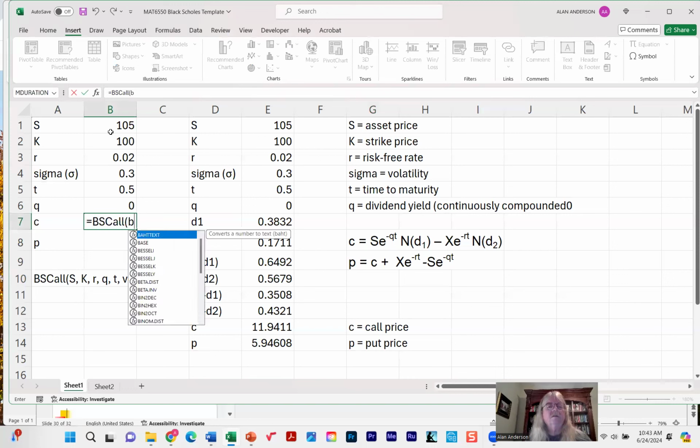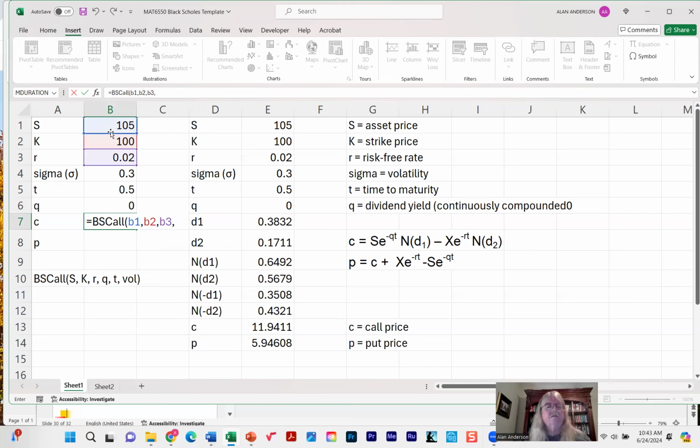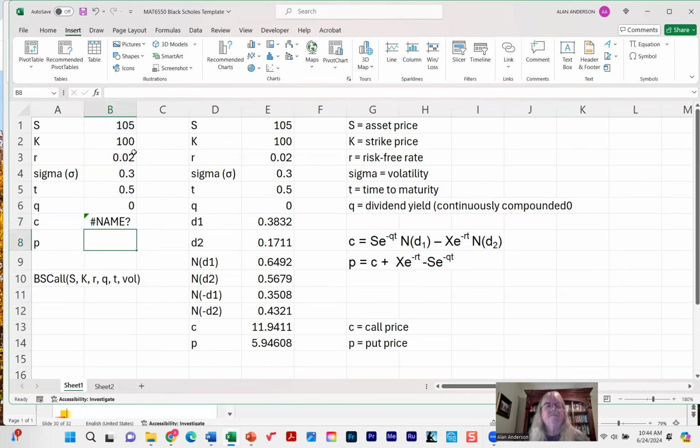Oh, it's B1, B2, B3. Oh, there's only one that's out of order, B6, B5, and B4. Okay. Now, if I type it now, it'll blow up because it doesn't know anything about this BS call function. But once you've written it, once that code is finished, it'll work perfectly.